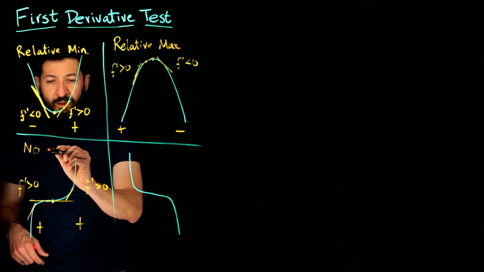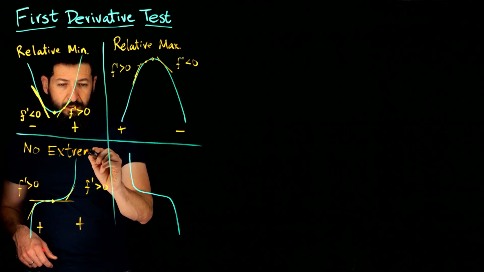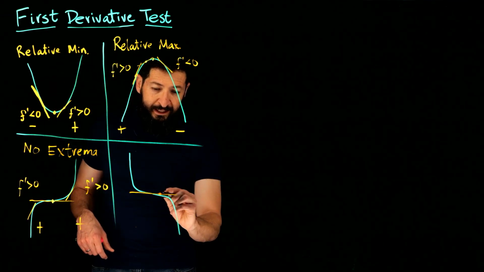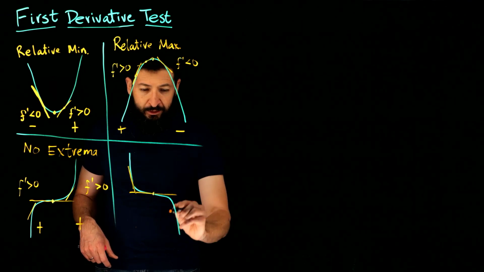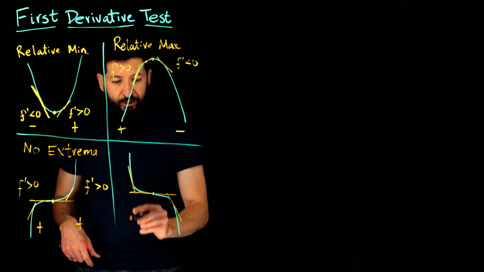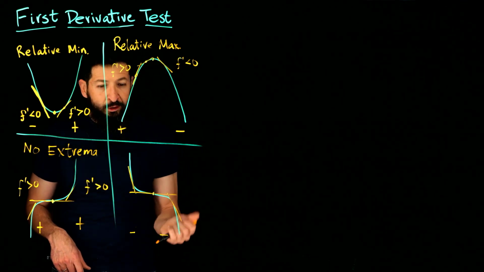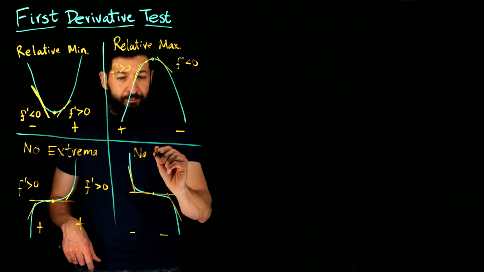So let's call it no extrema. And in this case it's the same but just flipped, and you're going from negative slope to negative. So when your derivative goes from negative to negative, there's also no extrema at that critical number.